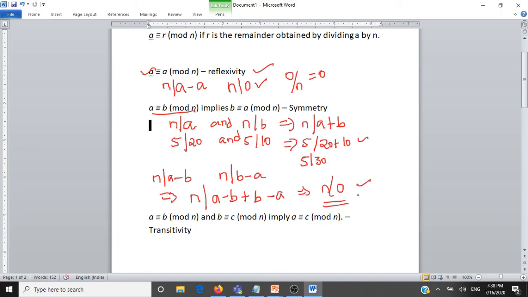This is again according to the property of divisors: when n is an integer, it divides 0. So we have proved that when A is congruent to B mod n, B is also congruent to A mod n.